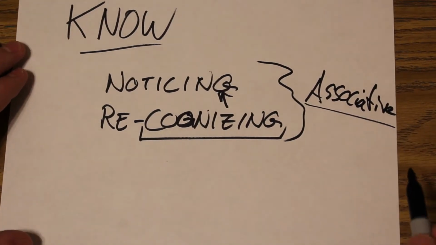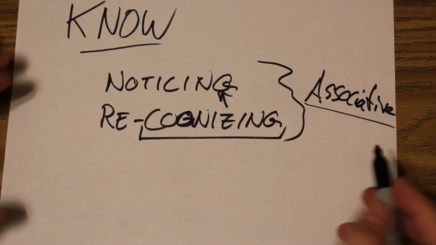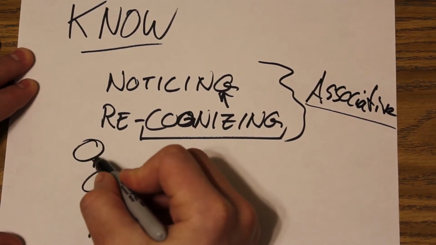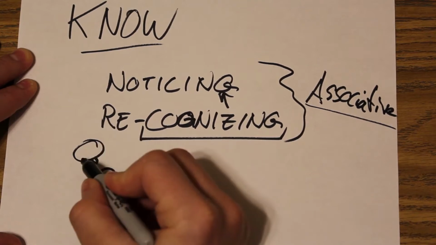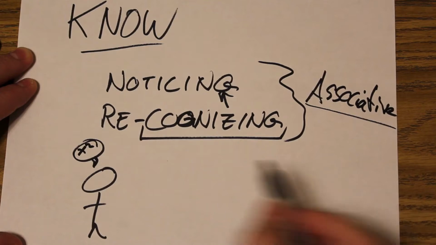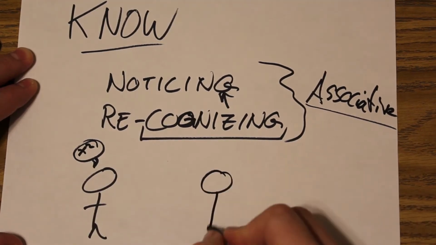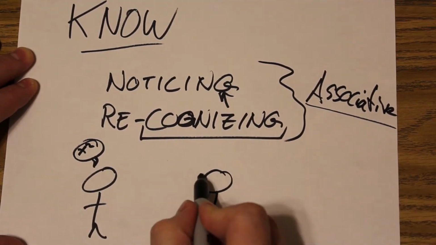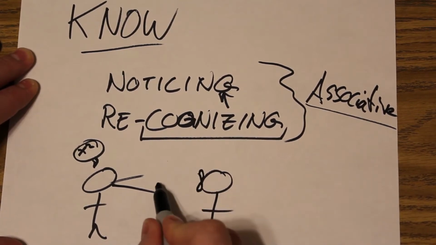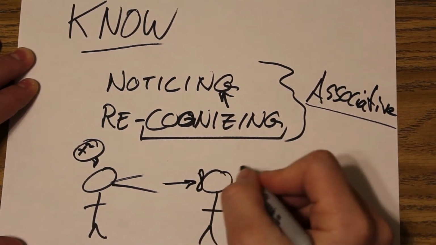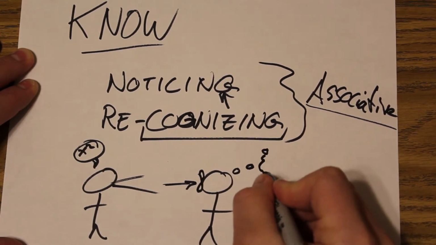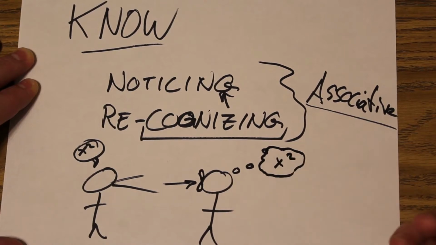So then you have to communicate. Let's say you have a person here, some idea here. We'll just say x squared or something. Some symbol to represent what he's thinking. There's another person he's trying to communicate it to. Now he has to speak it, through a medium, a language, and the other person has to hear it, and hopefully they get the same idea of x squared.